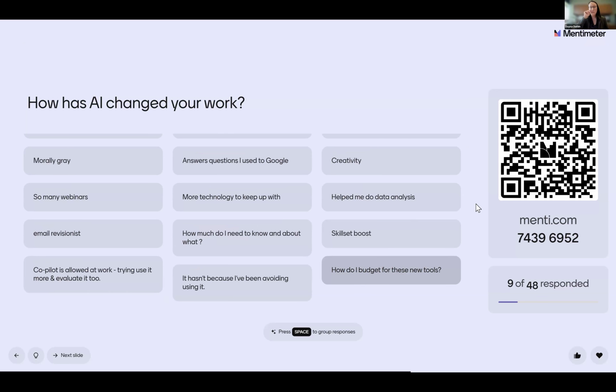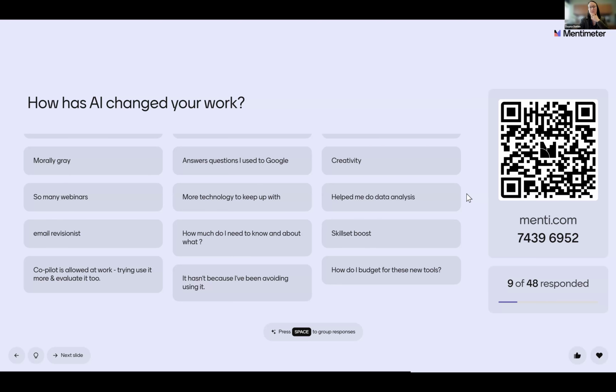How do you budget for these new tools, whether you're purchasing them yourself or your institution is? The enterprise versions of these tools are really expensive. We have gotten quotes from some different groups and we're like, that's not feasible. So it can add a significant amount to the budget.